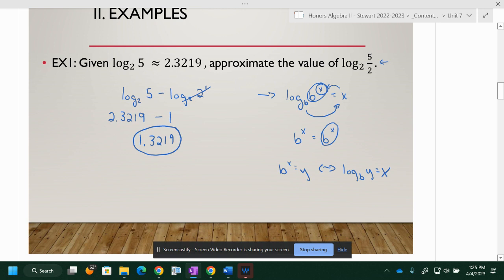It'll always equal whatever your exponent is, as long as your base and your number are both the same. So, for instance, here's another example. If I had log base 5 of 5 to the 3, my answer is 3, because these will cancel, and I'll just be left with whatever that exponent is.